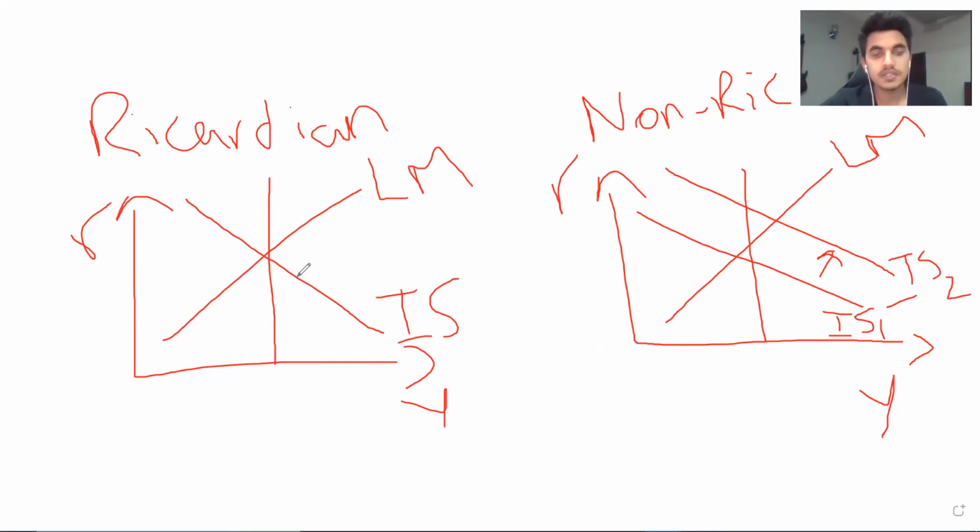So they should not increase their spendings and they start saving up for the future instead. But in the non-Ricardian model, we have consumption rising because of tax cuts and increase in government spendings. So the IS curve shifts out and we have an increase in the output of the economy.